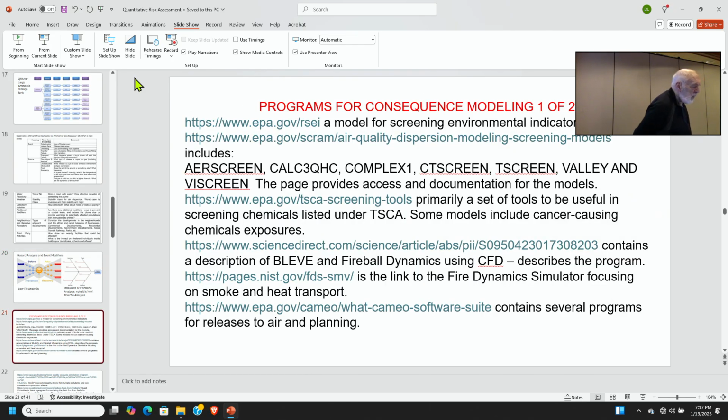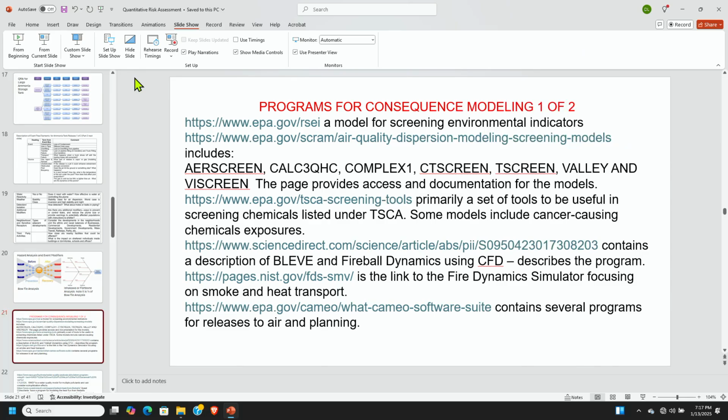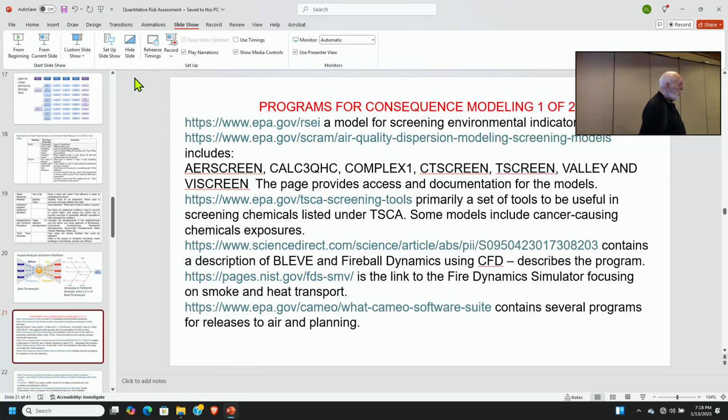All right, there are programs to determine your consequences. So you develop your scenario. Okay, we have a leak. What's the leak? Well, there are programs by EPA and other people that will tell you what the consequences of your leak could be. And these consequences can be calculated with some precision through air modeling.